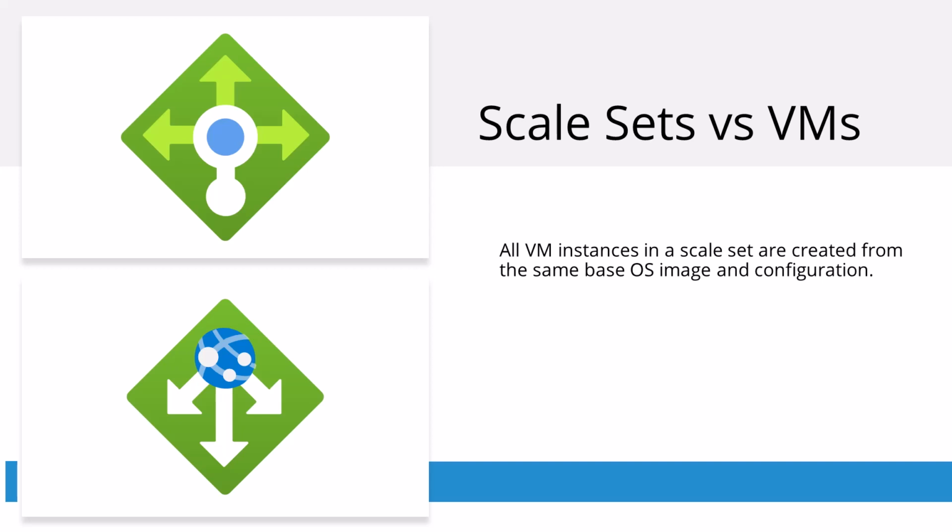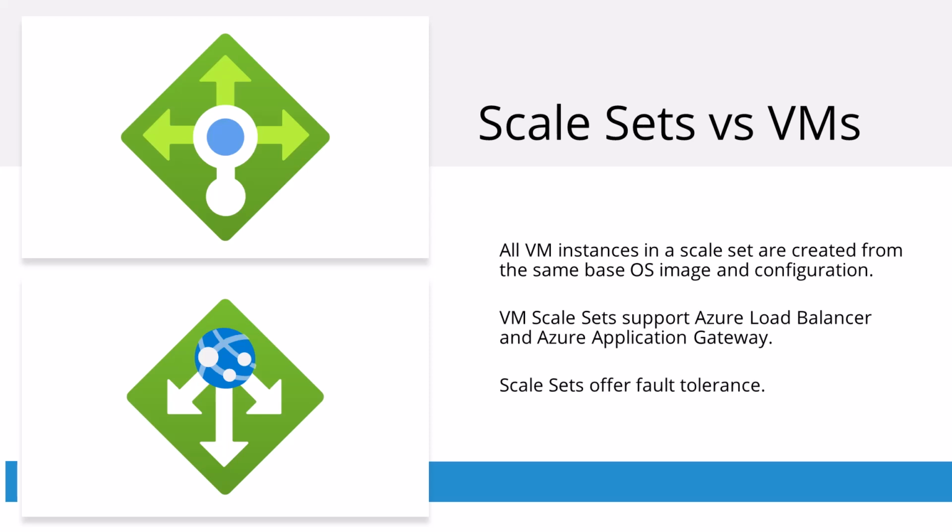And then secondly, VM scale sets support Azure Load Balancer for basic layer 4 traffic distribution and application gateway for more advanced layer 7 traffic distribution. And then third, they offer fault tolerance. If one VM instance in a scale set has a problem, the application remains accessible through the other VM instances in that scale set.